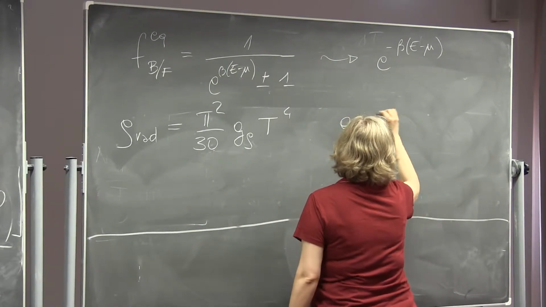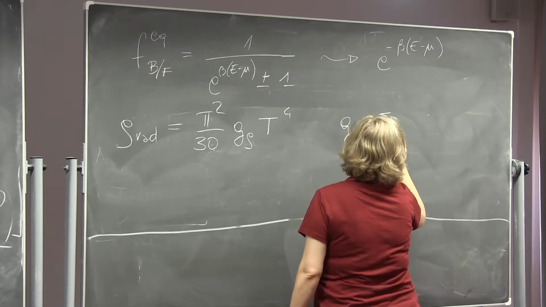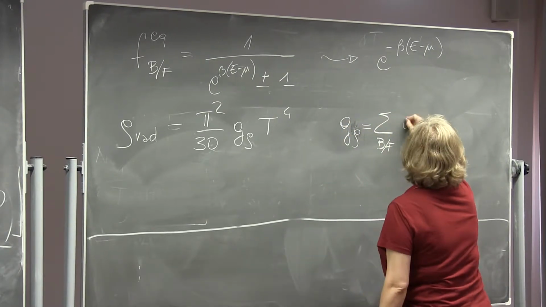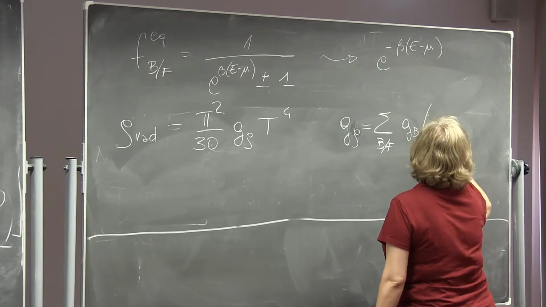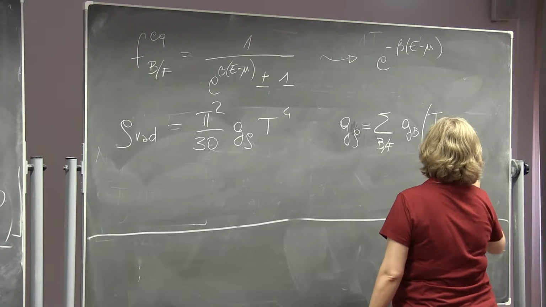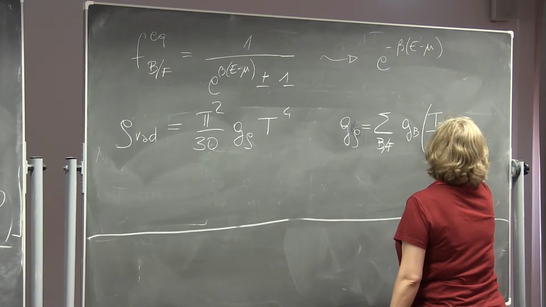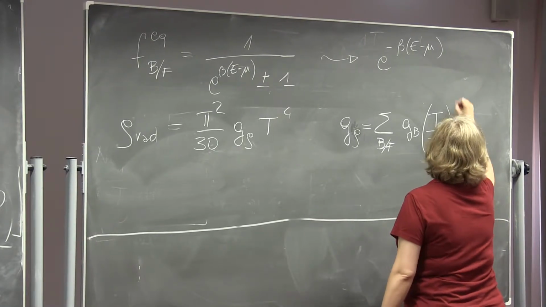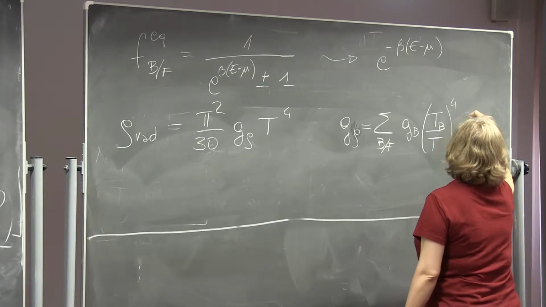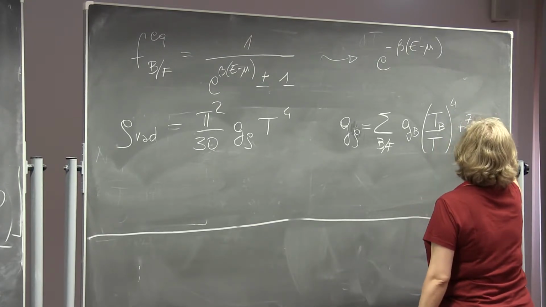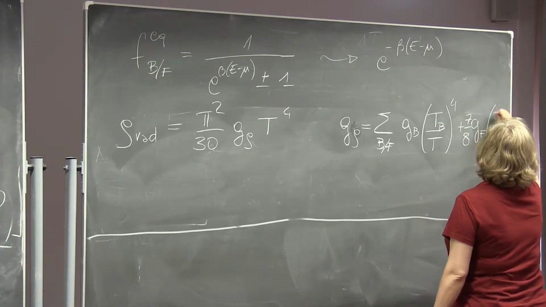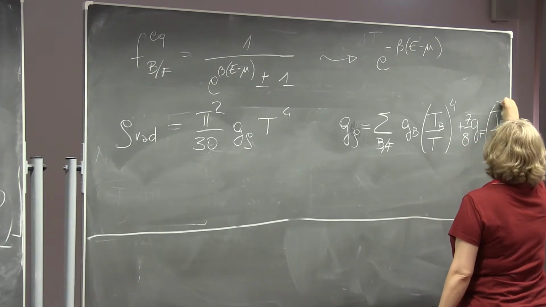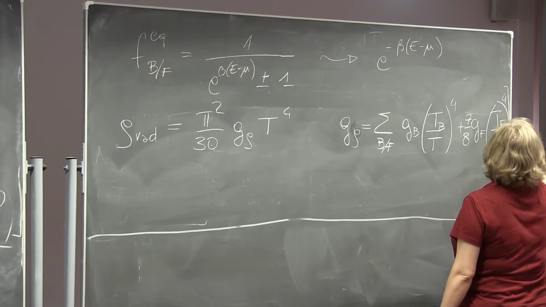So it is the sum over bosons and fermions of the internal degrees of freedom of the bosons and fermions, and you have again a factor of T boson divided by T to the 4th power, and for the fermions a factor of 7/8 g F, T F over T to the 4th power.